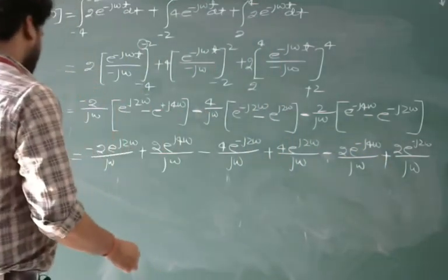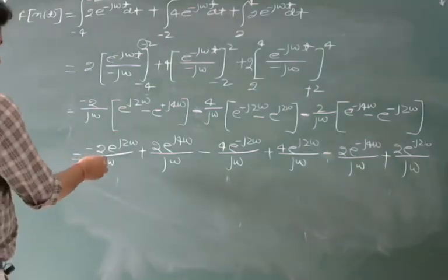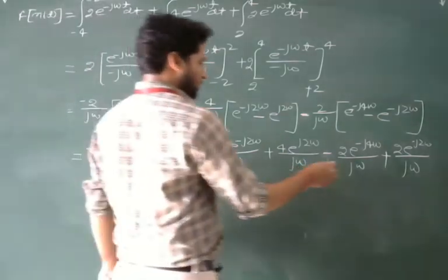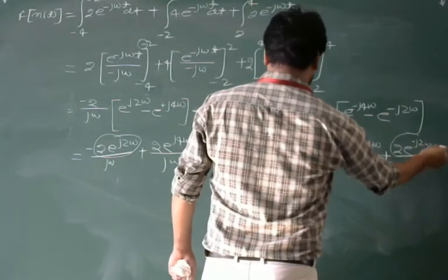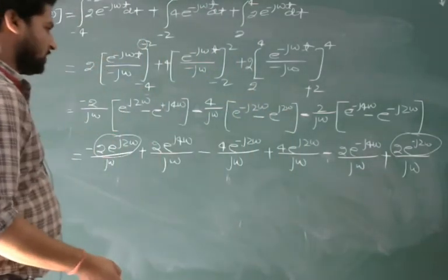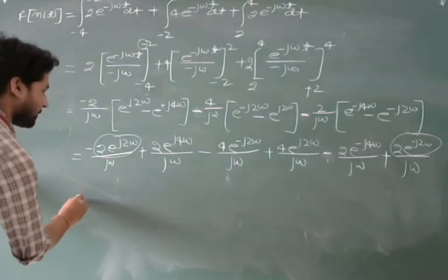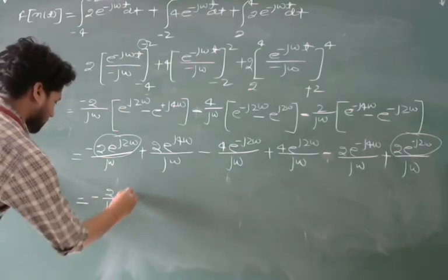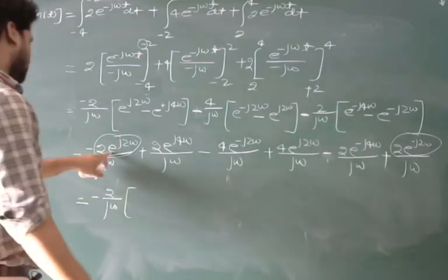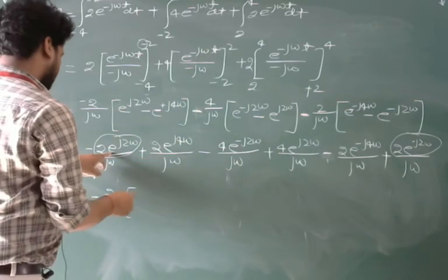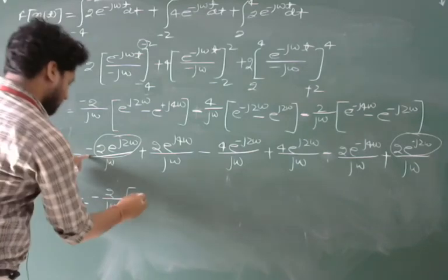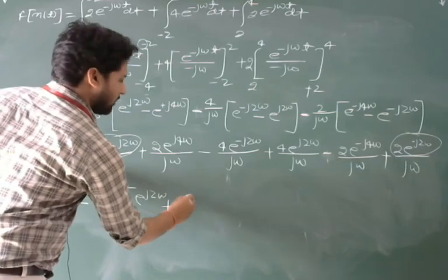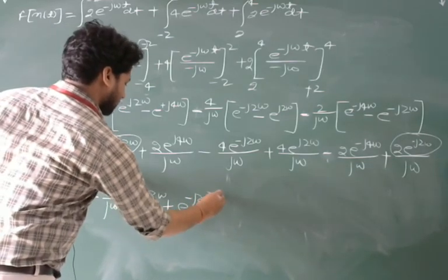So first combine these two terms, e power plus j2 omega and e power minus j2 omega. Combine these two terms first, so it will become minus 2 by j omega into, because minus is common here, this will become e power j2 omega plus e power minus j2 omega.